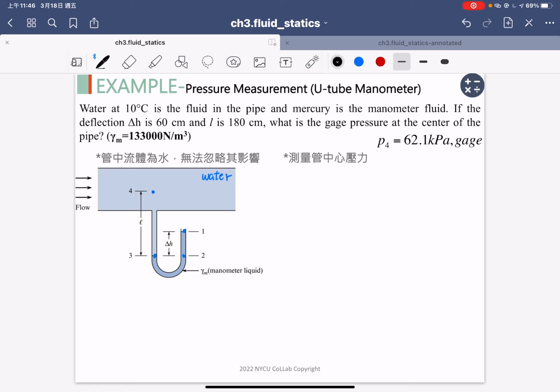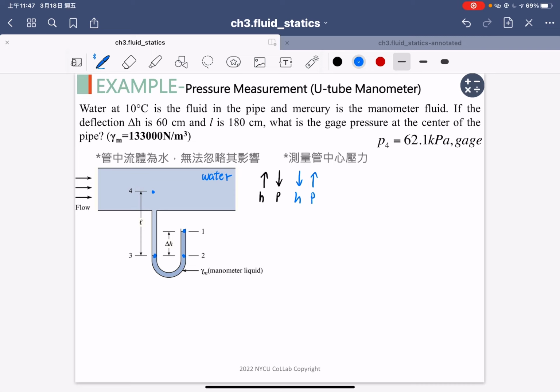Based on the idea, if the elevation H increases, that means the pressure decreases. If the H decreases, the pressure increases.